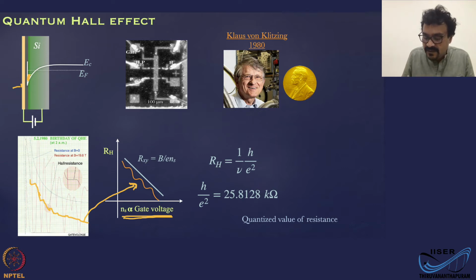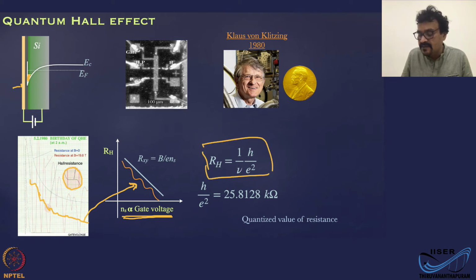You have a step-shaped curve, and this is a magnified view of that curve. Okay. So you have a flat region, a step at certain quantized values of RH, which are given by this formula, where nu is an integer.